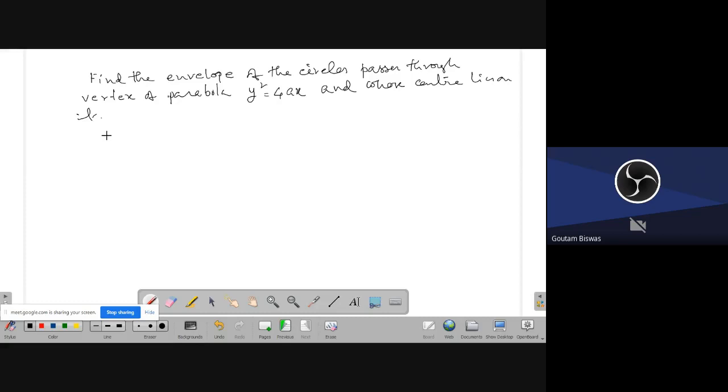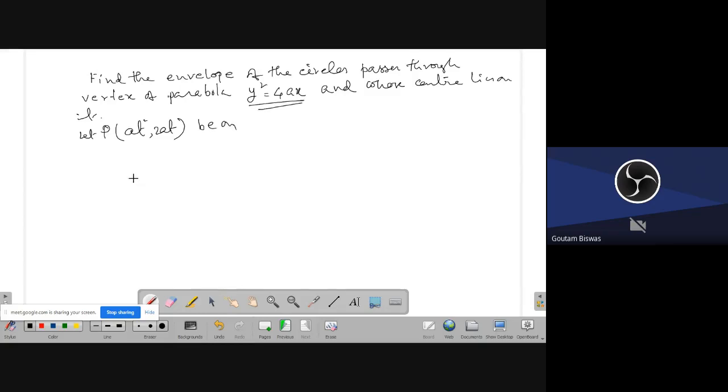Okay, how to do this sum? Let a t square and twice a t be a point P on the parabola.